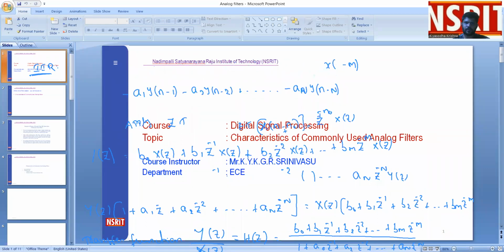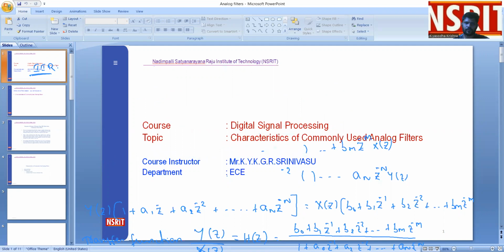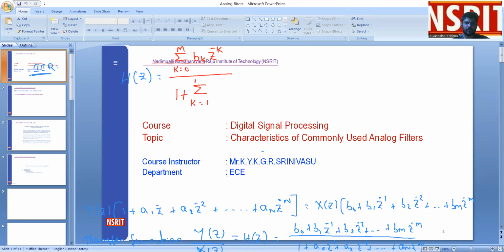Then we will segregate all these terms. Next, I can write H of Z as the summation k equal to 0 to n of bk Z minus k, divided by the denominator 1 plus the summation k equal to 1 to n of ak Z power of minus k.